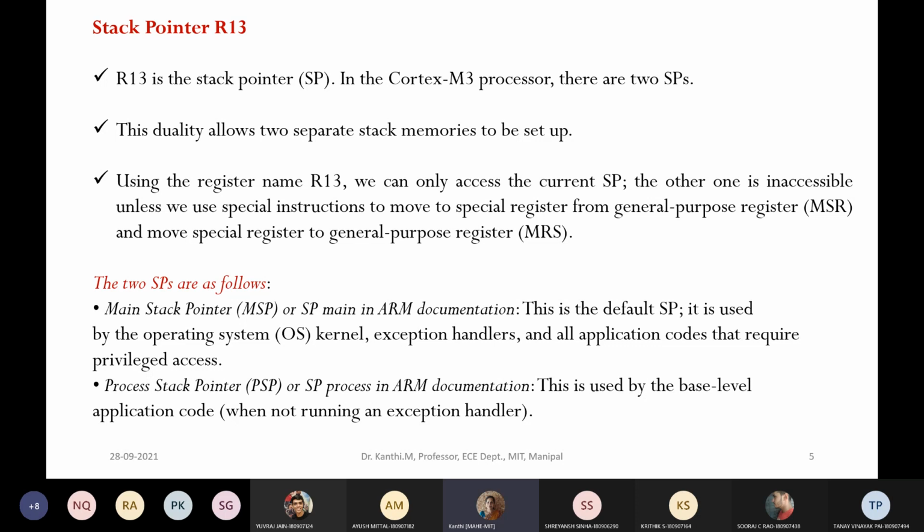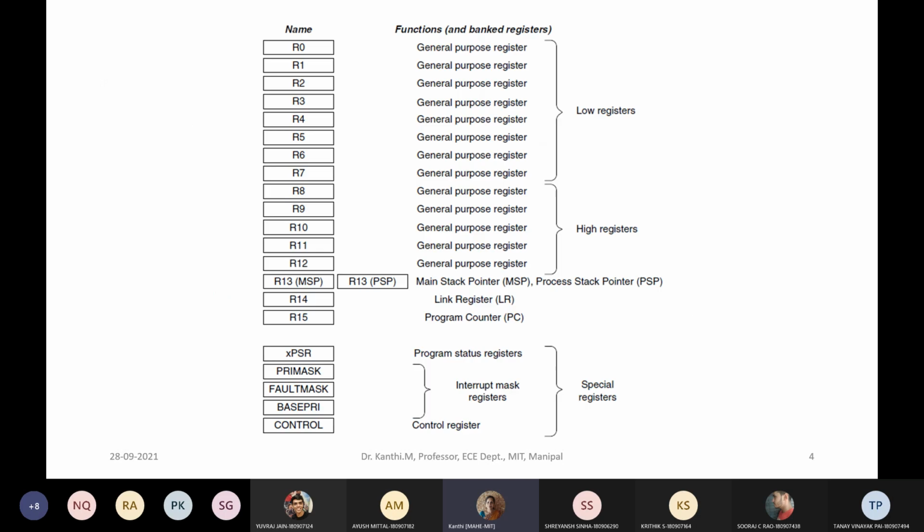This is used in your normal user level applications, when you are not running any exception handler. So by default, you will be using the process stack pointer. That is the reason in the register configuration we've shown only the process stack pointer. You have a main stack pointer and a process stack pointer, and this main stack pointer is used in exceptions, that is, in the handler mode.